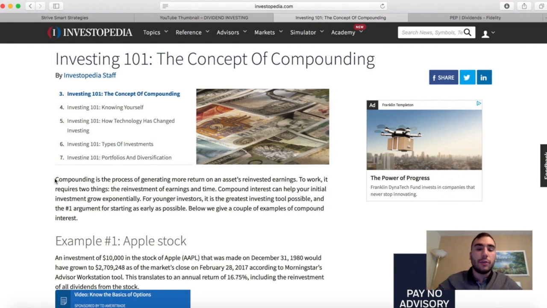So what you want to do with these dividends in terms of compounding your portfolio is, instead of taking out your dividends and putting them in your checking account, spending that money, you want to instead keep that money in your portfolio and reinvest it back into a stock, or you can just buy the same stock, in this case AT&T, and just continue buying more and more shares of that stock.